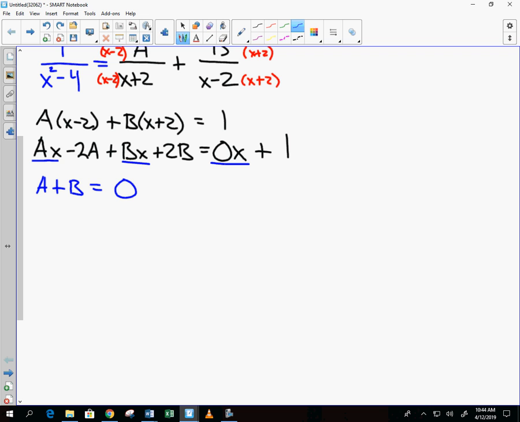So the coefficient for this x, A, and the coefficient for this x, B, must add up to 0. And then negative 2A and positive 2B must add up to 1, correct? Negative 2A plus 2B is equal to 1.